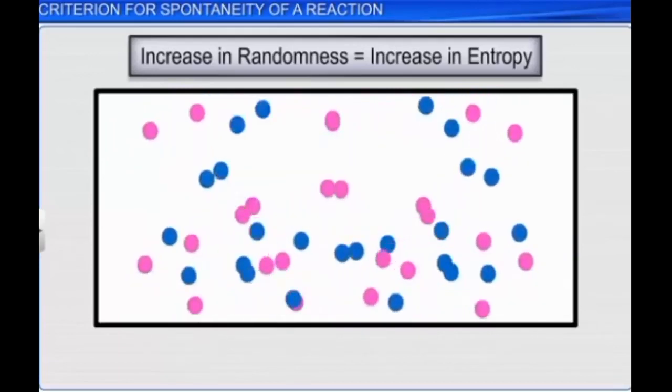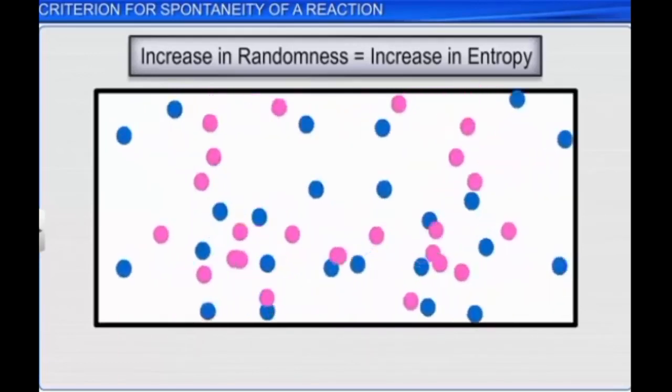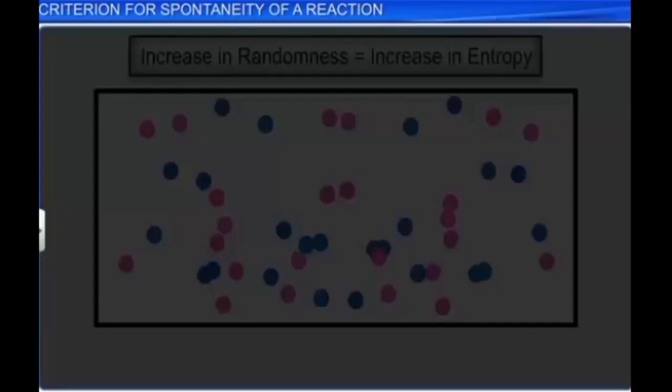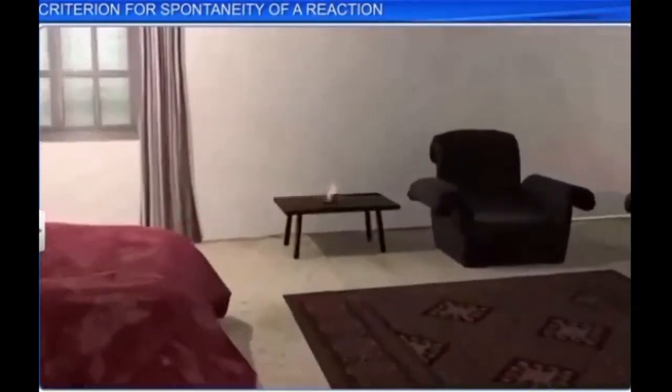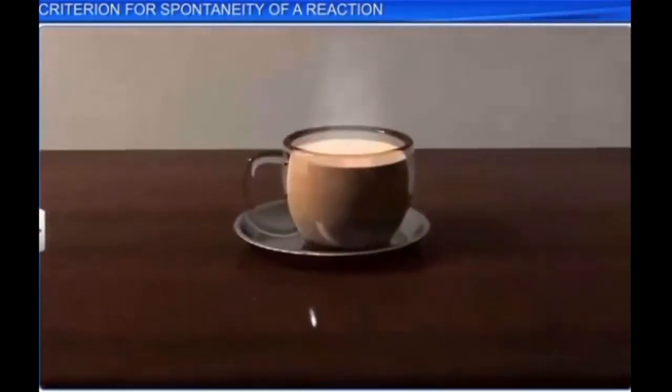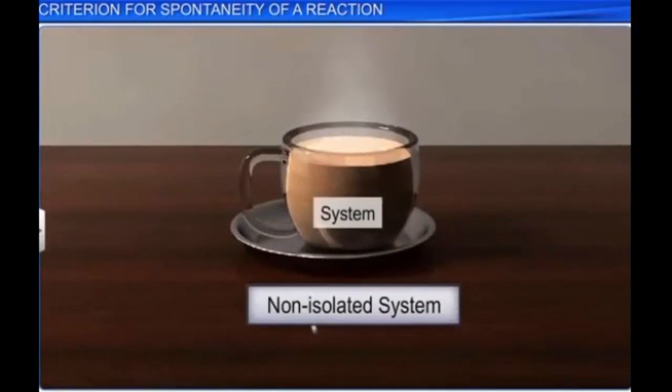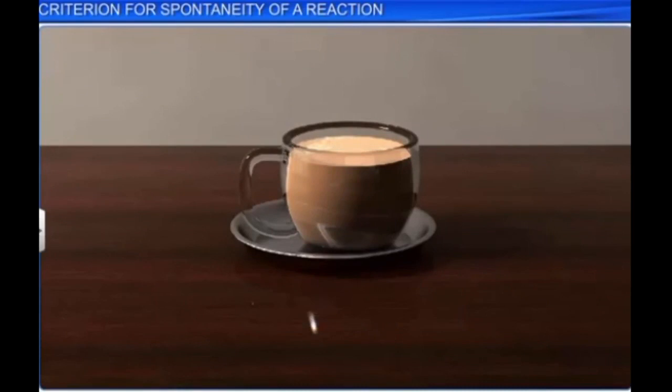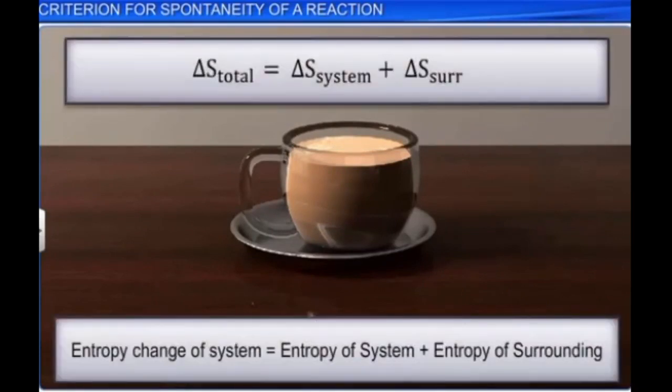Now, let's consider the example of cooling a cup of tea. This is not an isolated system, because there is exchange of matter and energy with the surroundings. Hence, the entropy change for a non-isolated system will be the sum of entropy change of the system and the entropy change of the surroundings.